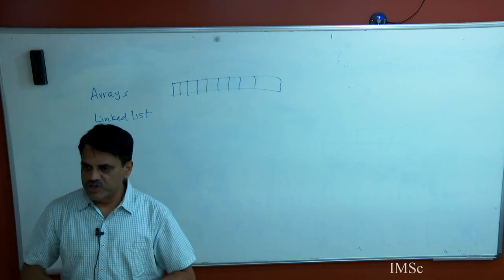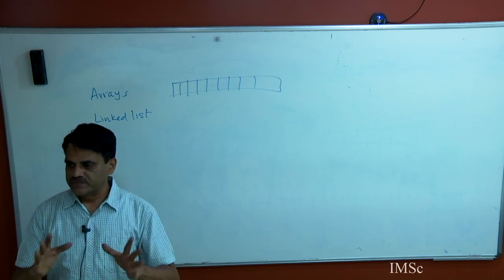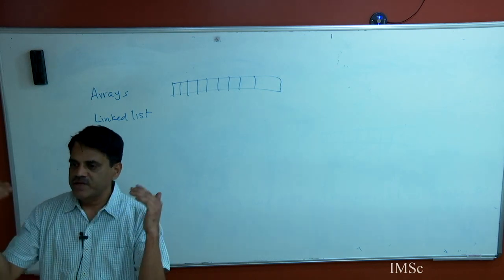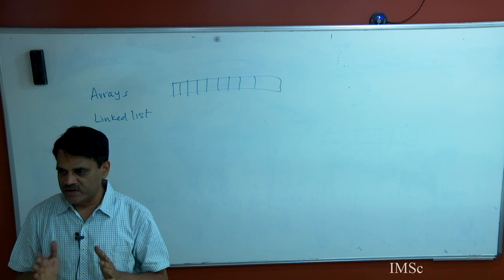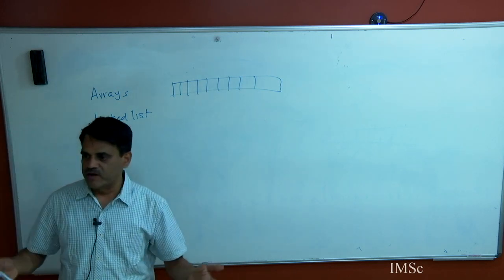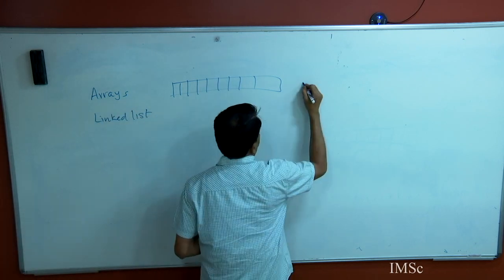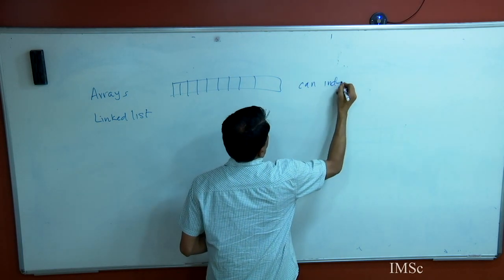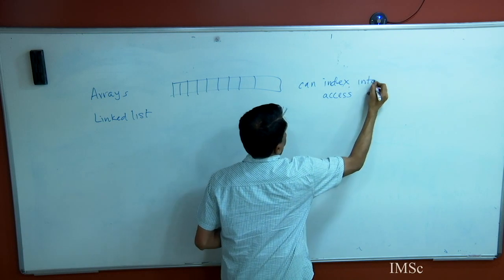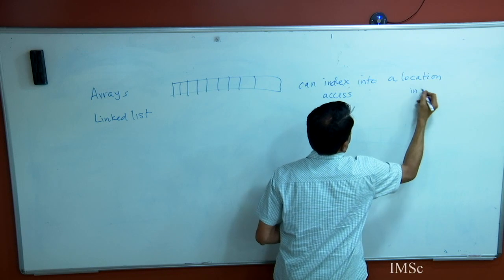If you can visualize the whole computer as organized into a big array of cells, each cell can take some value, and when I say array, it means that it is a contiguous set of locations. So, I can go and say, give me the 5th element, 10th element, or 15th element. I can index, which means access a location in constant time.